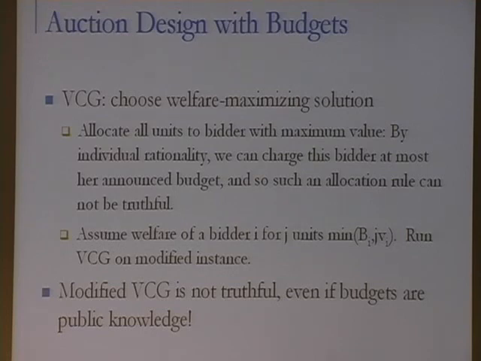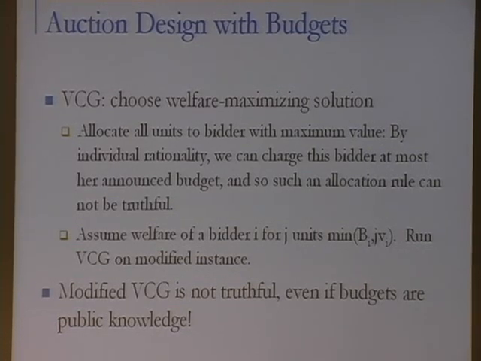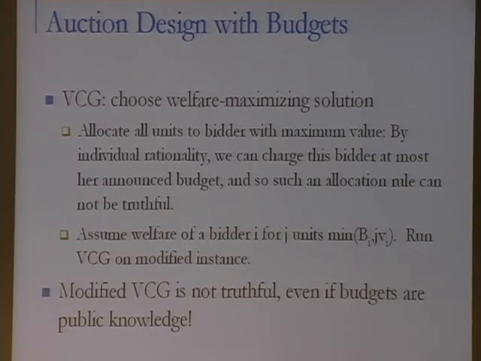But by individual rationality, we can charge each bidder at most his budget constraint. Otherwise, he's going to walk away from our auction with infinite negative utility. And this means that the VCG auction in this case is not truthful, because if this was your auction, you give all the units to the person with the highest value and charge them at most their budget constraint, you of course would come in and say your value is infinite and your budget is 0, and you're going to get all the clicks.